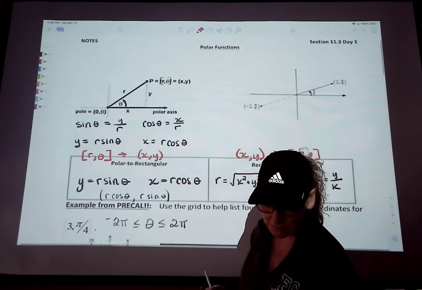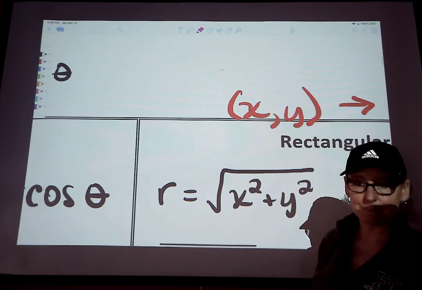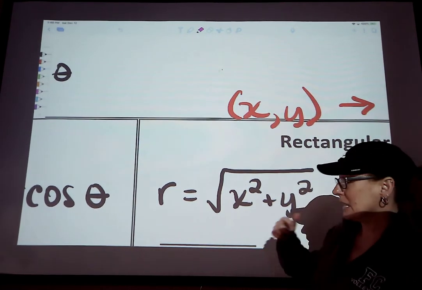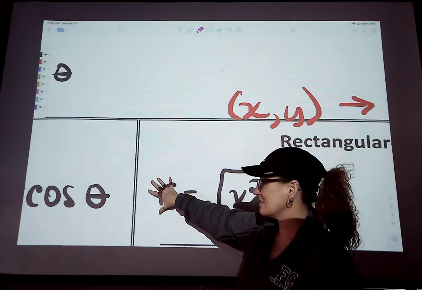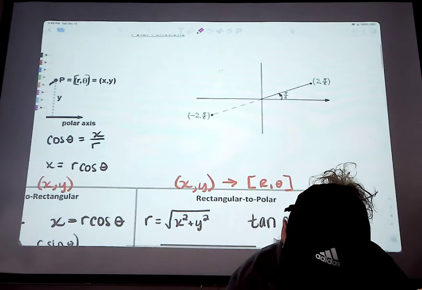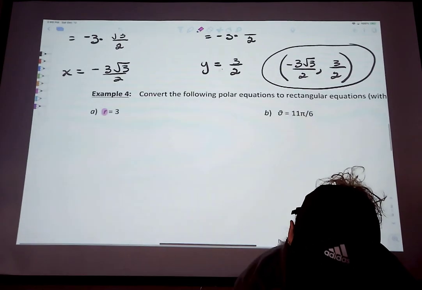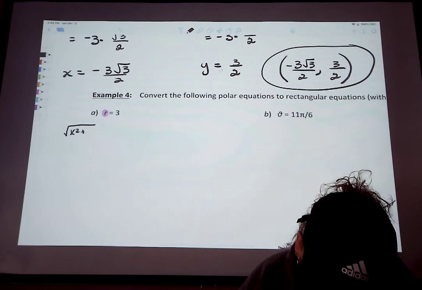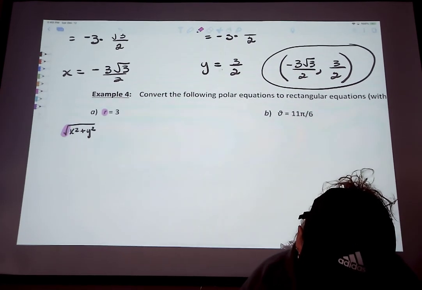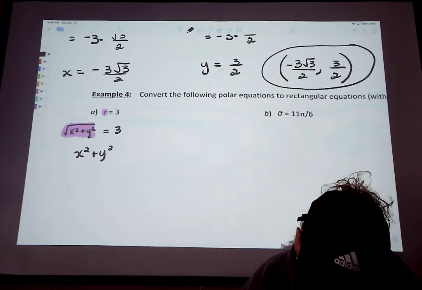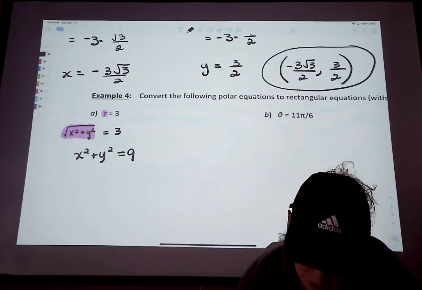Well, heck yeah, it does. So in my polar equation, I'm going to take this out and sub in what it's equal to in its place. I'm going to sub in radical x squared plus y squared for r. X squared plus y squared is equal to 9.